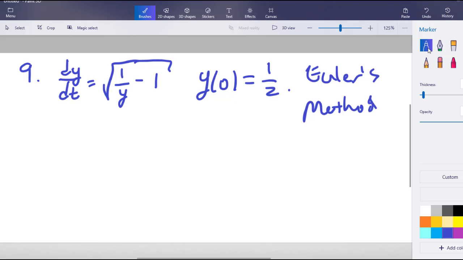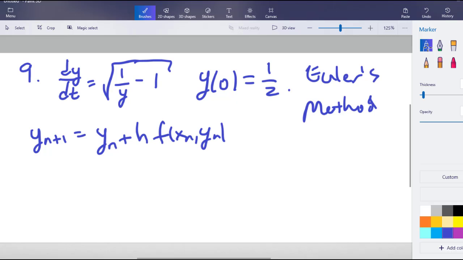Recall that for Euler's method, the new y is going to be the old y plus h times the function at the old point, xn, yn. In this problem, h is chosen to be 1/10. We need to do 2 iterations.